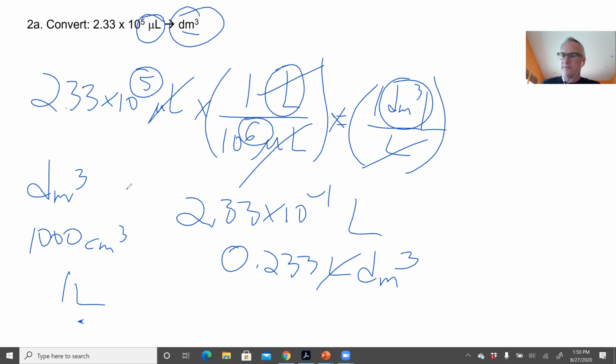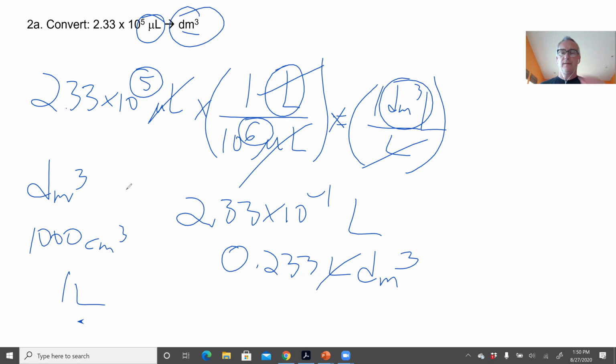Okay. Any questions about that particular one? There's a question in the chat that says if 1 cubic decimeter equals 1 million cubic micrometers, can you just directly divide it? Yeah, that works too.